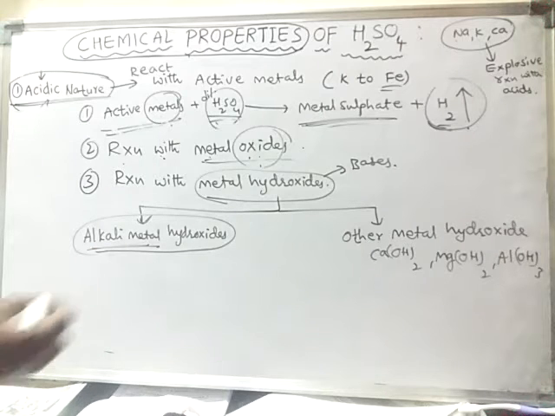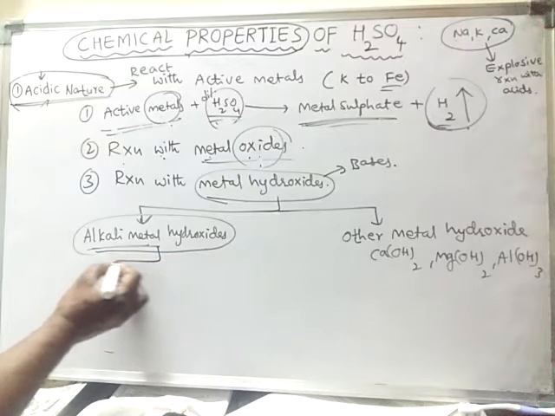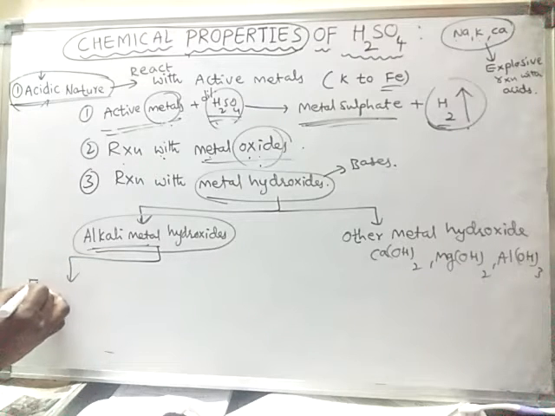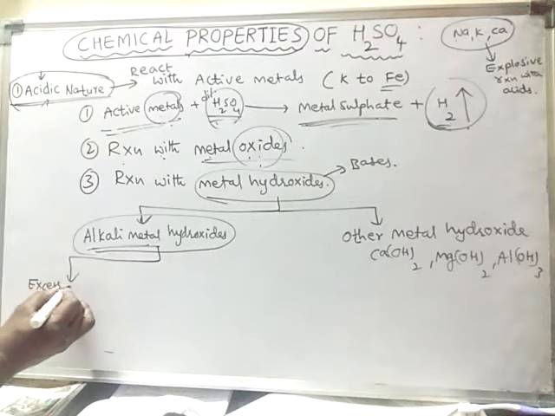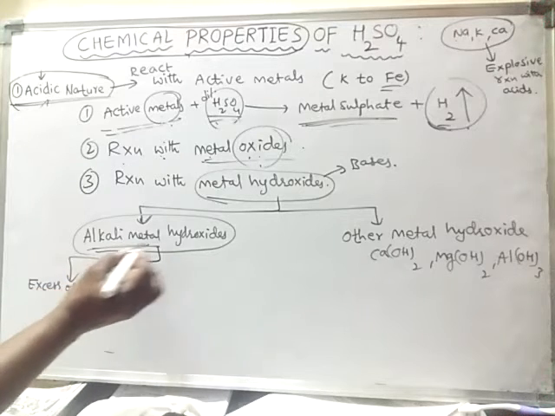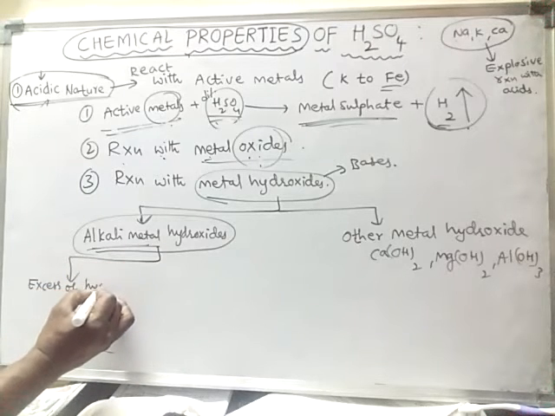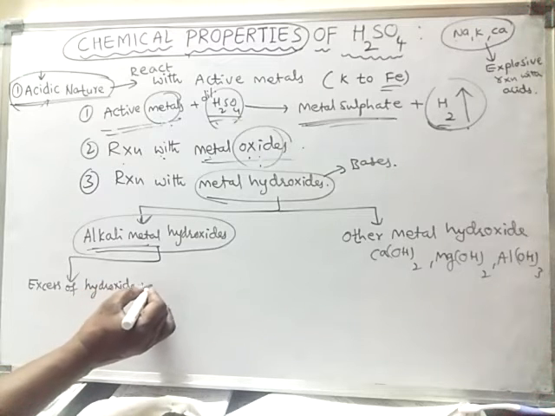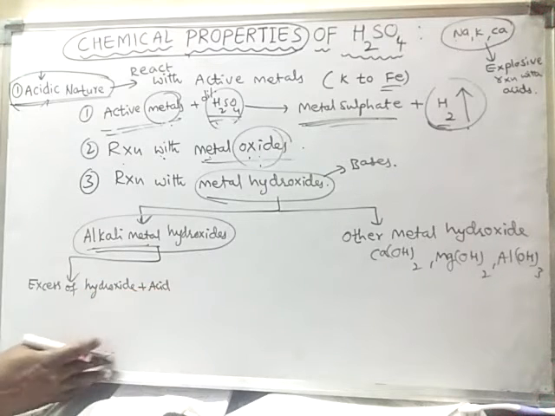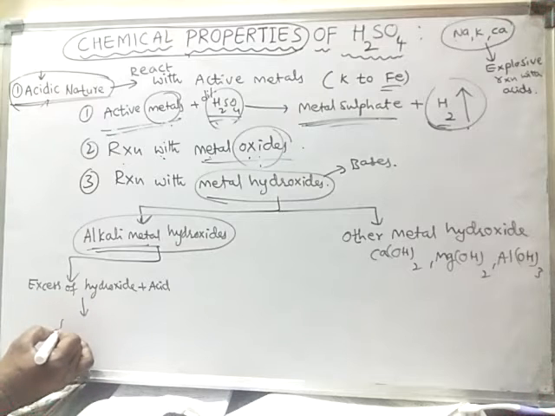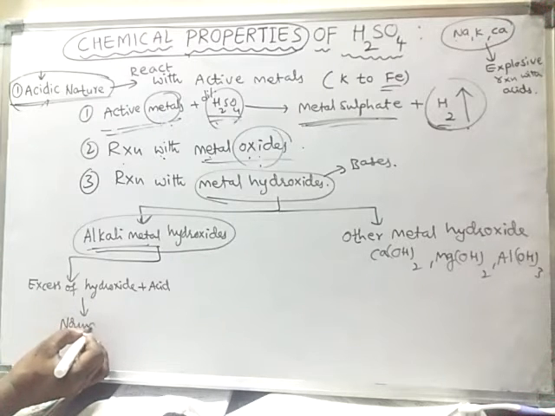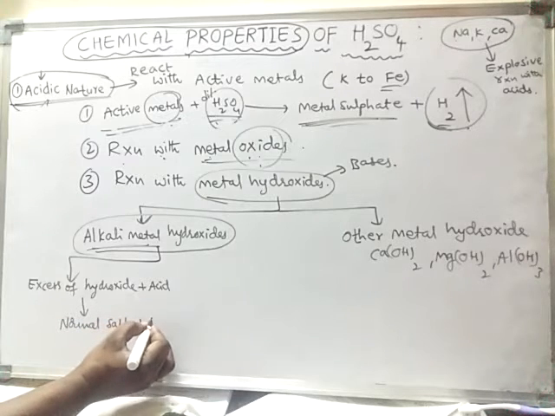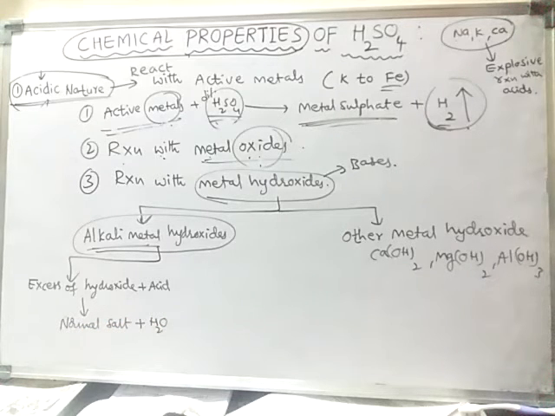So these alkali metal hydroxides, when they react with acids, if there is an excess amount of acid, they form a normal salt along with the formation of water.